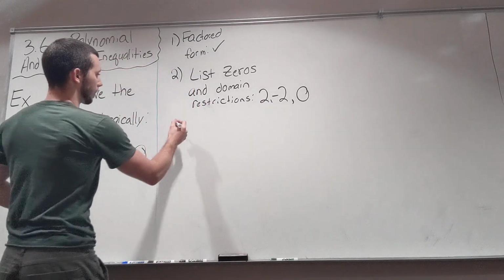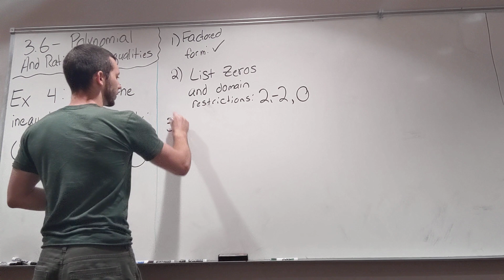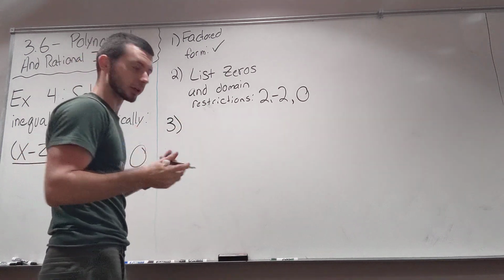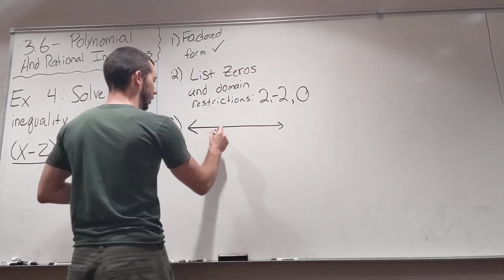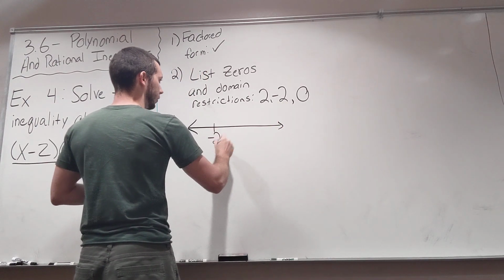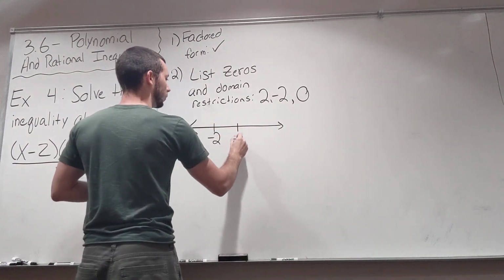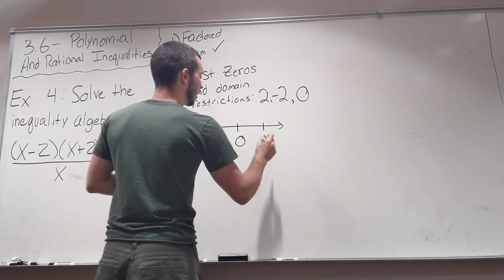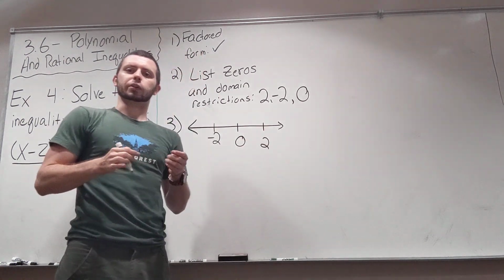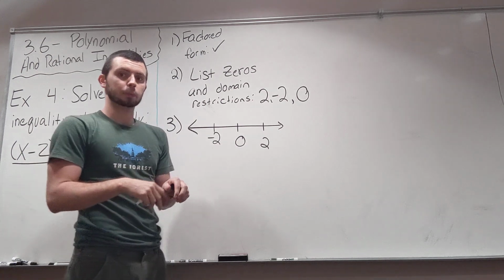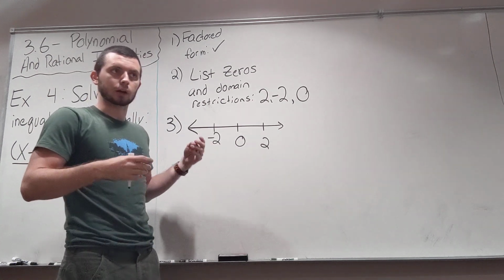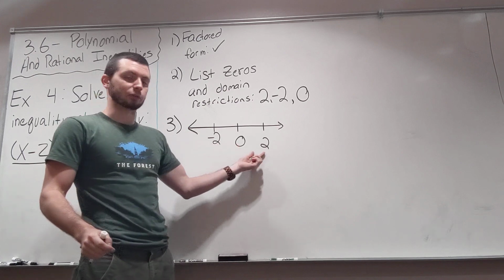And so step 3, this is where that number line comes into play. We'll go ahead and generate the number line and plot all of the listed numbers in order. As I mentioned, there are 2 different ways we can proceed for this problem. I'm going to do it via picking a test point from every region.